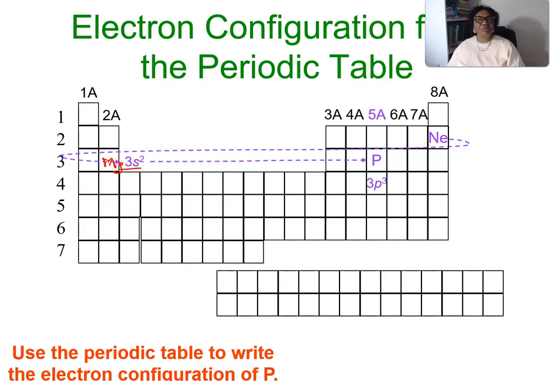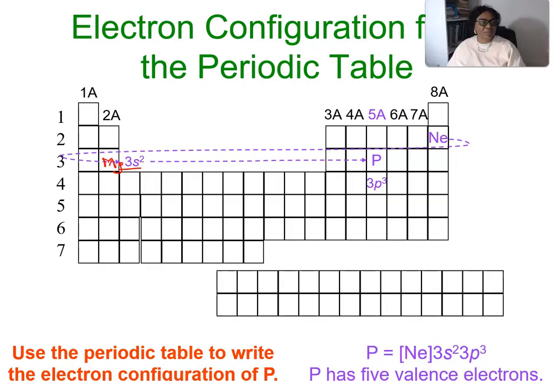They're just going towards writing the electronic configuration of phosphorus, so we can add together. So phosphorus, we have neon plus 3s2 and 3p3.